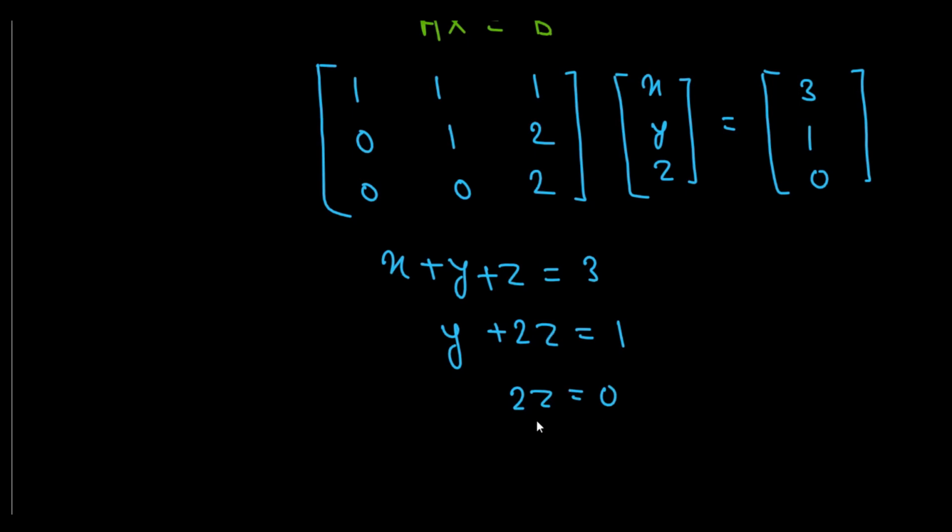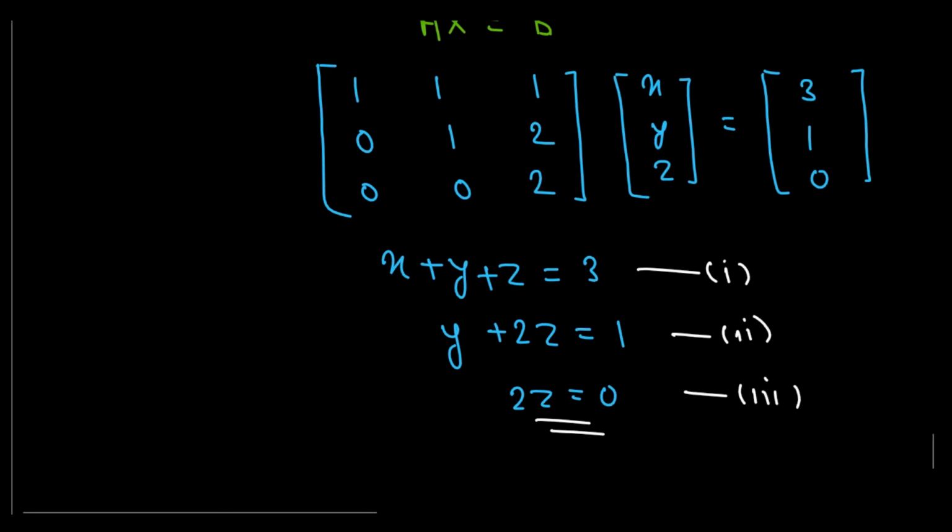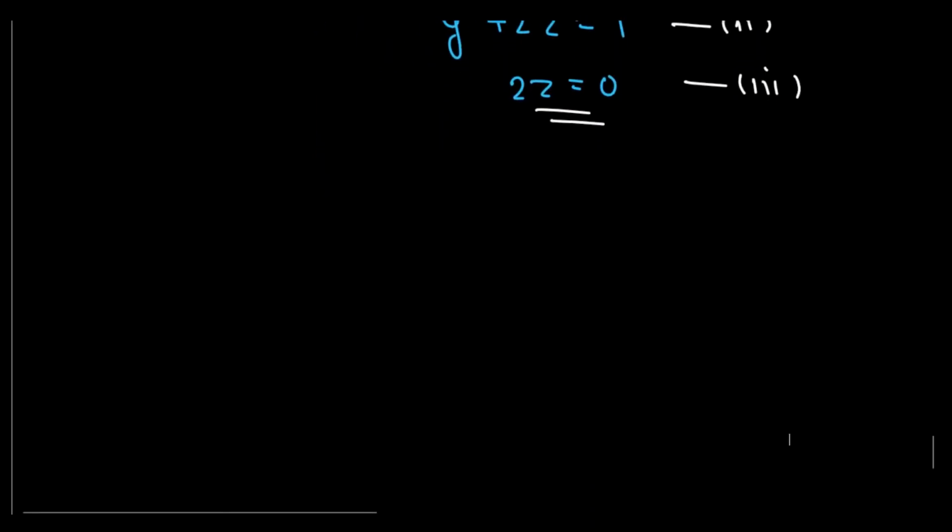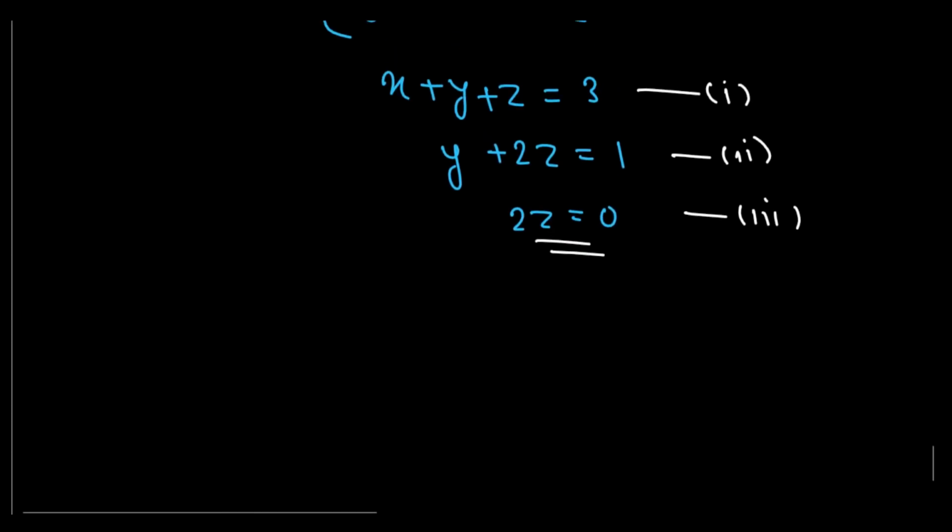Suppose this is the first equation, this is the second, and this is the third. Using these three equations, we evaluate the values of x, y, and z. From equation 3, 2z equal to 0, so we get z equal to 0.